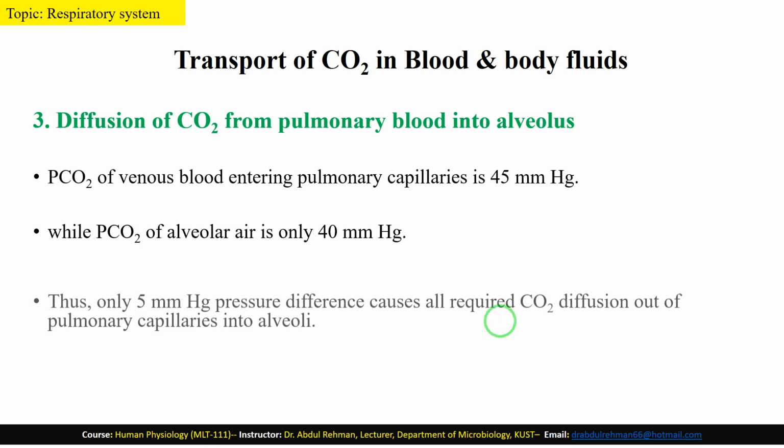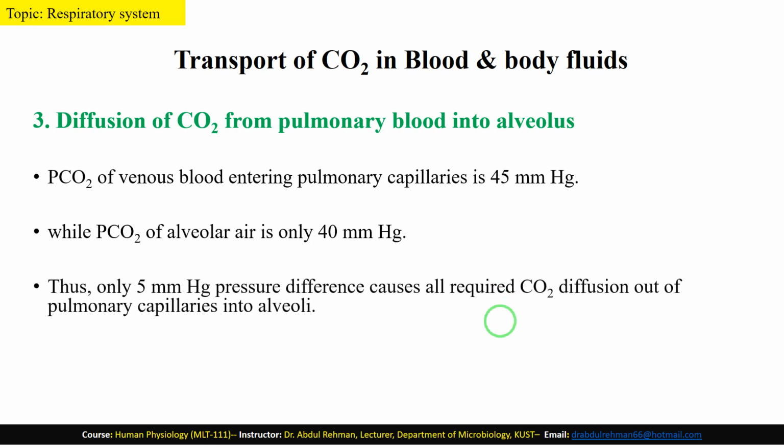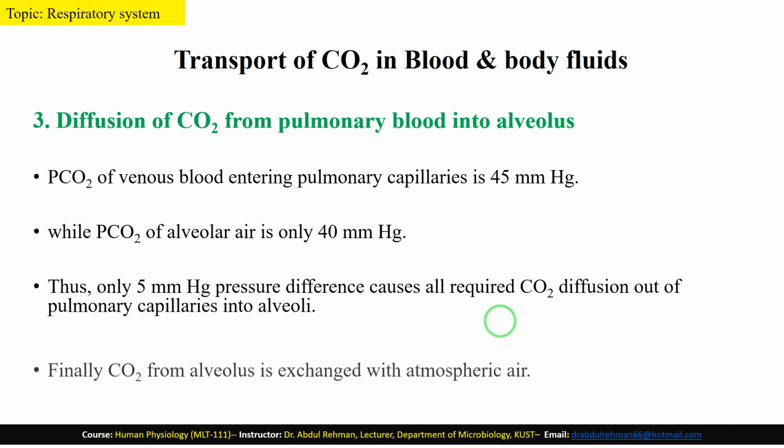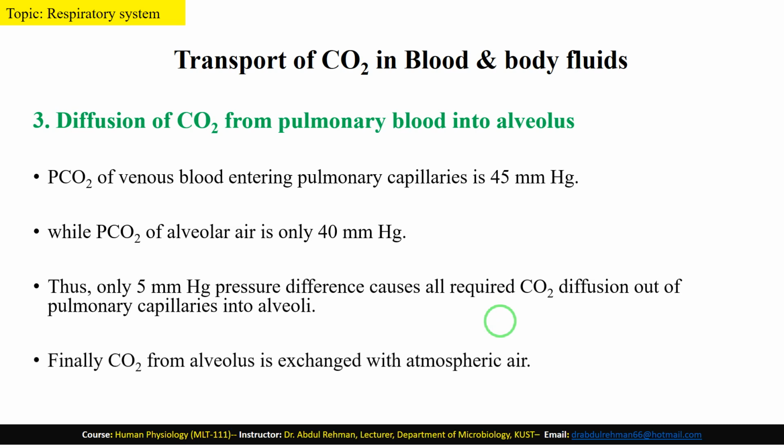So the pressure difference allows the diffusion of carbon dioxide from pulmonary blood into the lung alveoli. And from the lung alveoli, this carbon dioxide is exchanged with the atmospheric air.